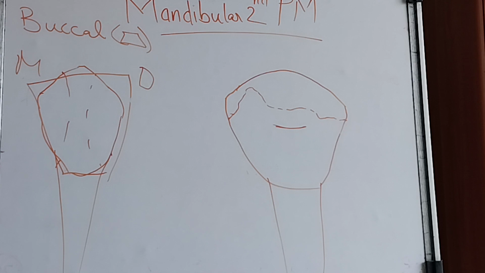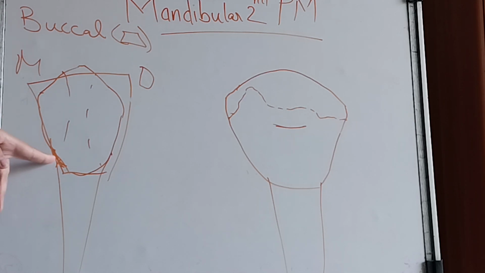Now moving on, let's see the mesial outline of this tooth. As you can see, the mesial outline on the buccal aspect is convex near the cervix, and then it shortens.